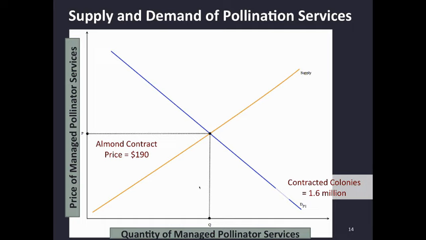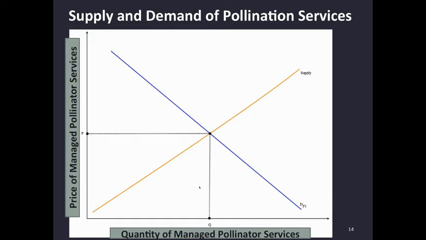Right now, my colleagues and I here at the University of Wyoming, Montana State University, and Utah State University are working through funding from USDA to understand what are the drivers of the supply curve and the demand curve for pollination services in the western United States.